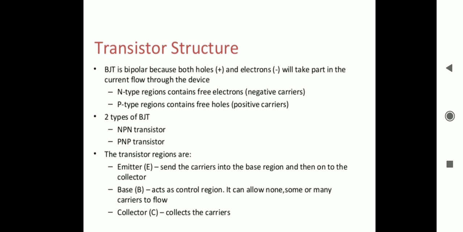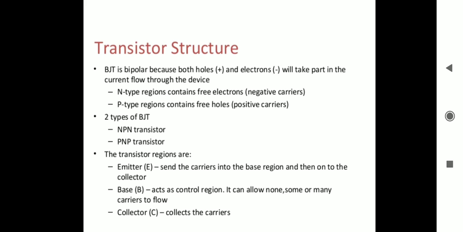The transistor regions are, you can say, the terminals: emitter, base, and collector. As we have seen in the diode, there are anode and cathode; these are the terminals. The emitter, meaning E, sends the carriers into the base region and then on to the collector.